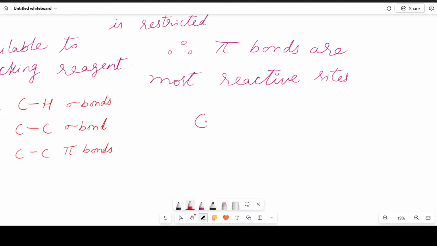So you have C triple bond C connected to hydrogen, double bond CH connected to CH3. Answer this molecule and write your answers in the comment section.